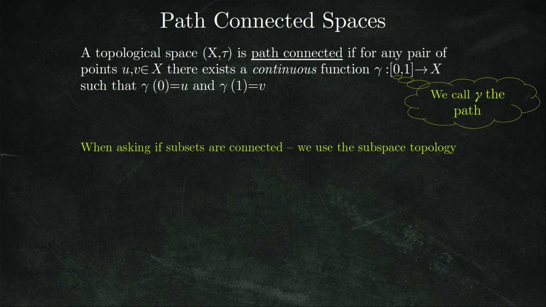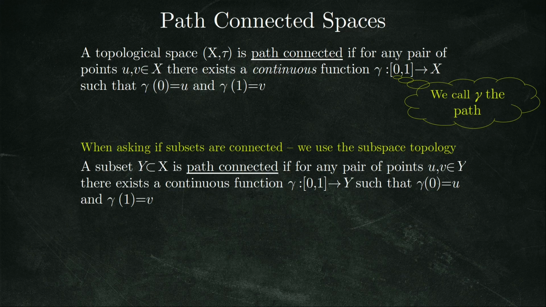Or an equivalent definition is: a subset Y is path connected if for any pair of points u and v in that subset there is a continuous function gamma from [0, 1] to Y, such that gamma of 0 is u and gamma of 1 is v. Now that's almost exactly the same. The key difference is that the path is to Y. So the point is the path never leaves the subset.